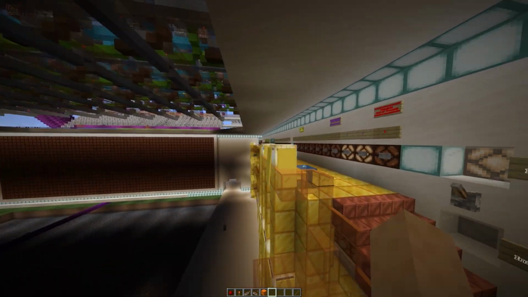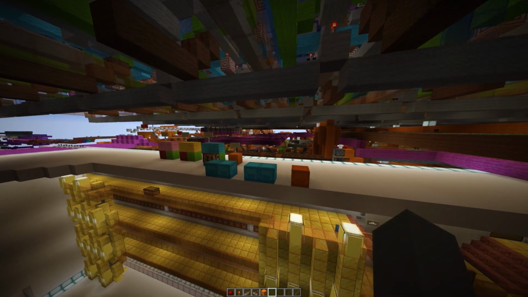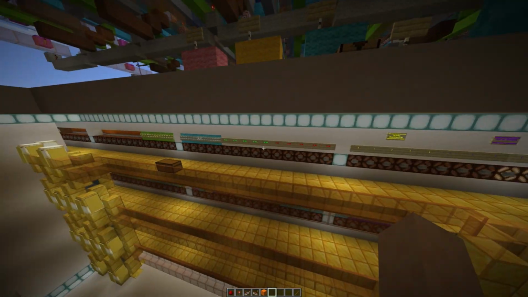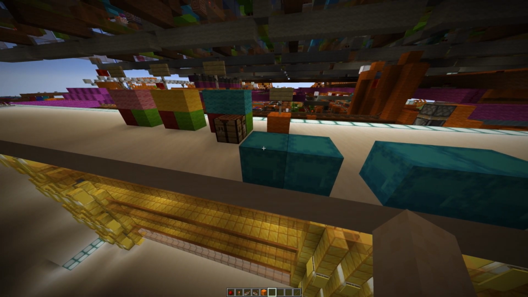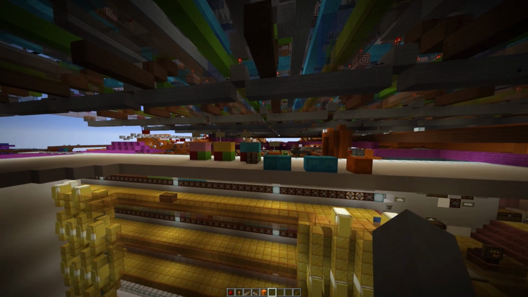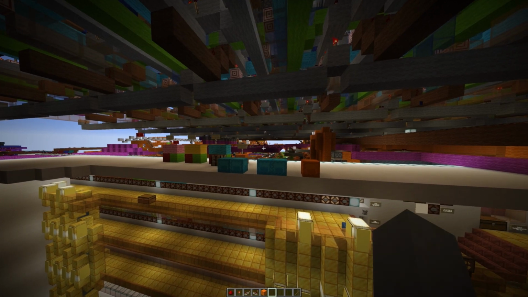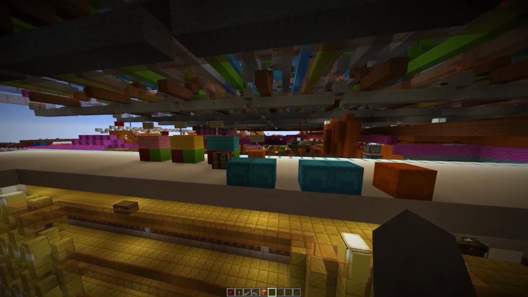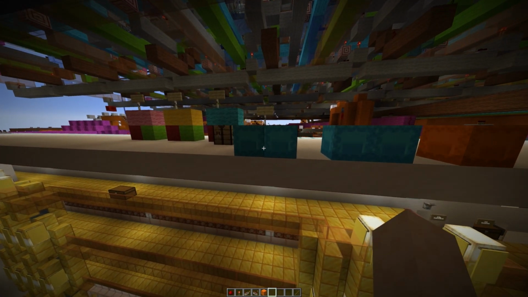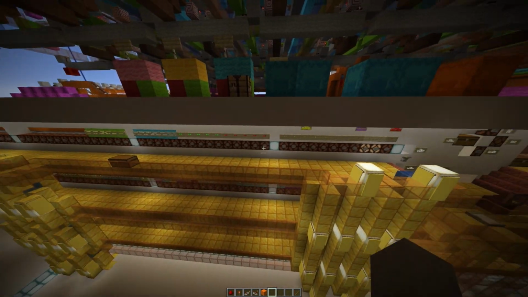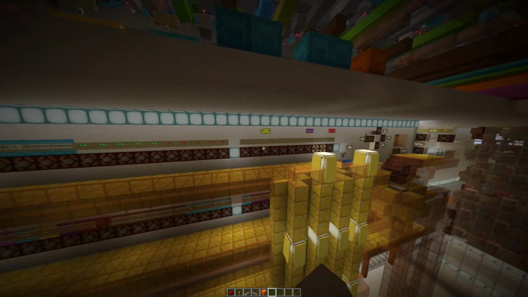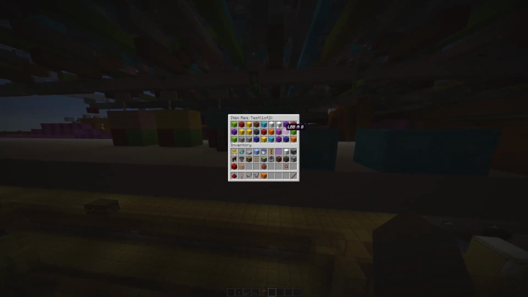Each item is renamed a different thing. This is all basically just wool that's renamed. This is one reason why I had that massive wool setup, and still have it on the main survival world. I have all that wool going. You rename all this stuff, and of course they can't stack up inside of here.